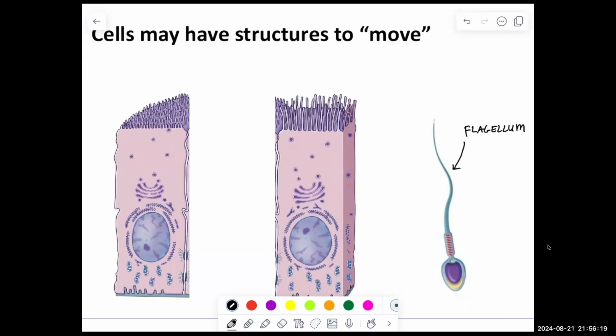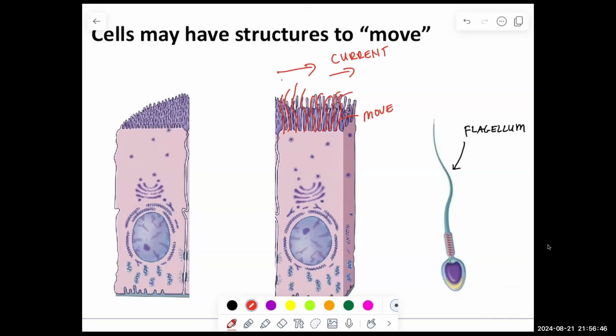Then there are some cells that have these long proteins. And they have motor proteins. So what these do is they whip. They move. They create a current right above them. So they move the fluids right above them.